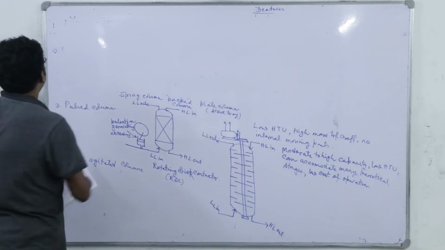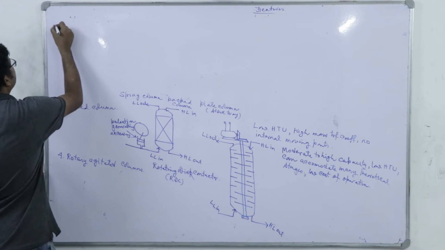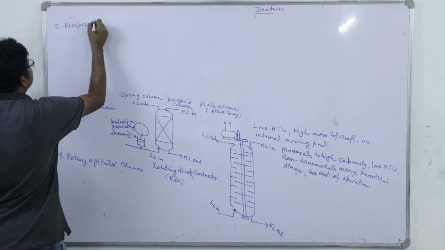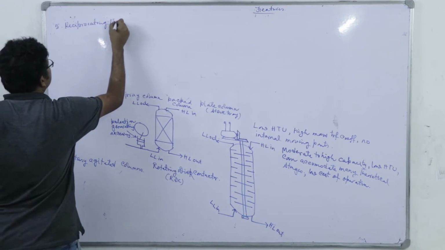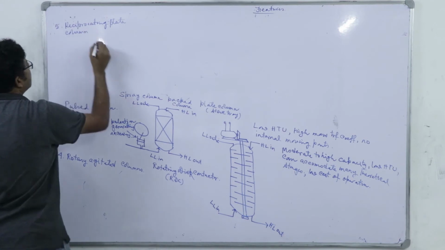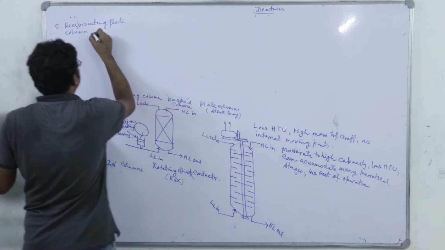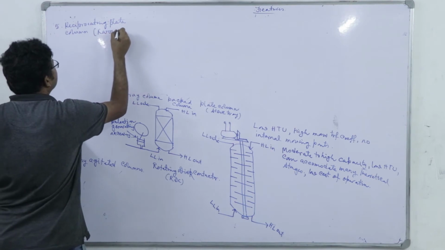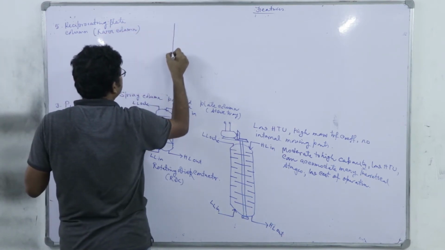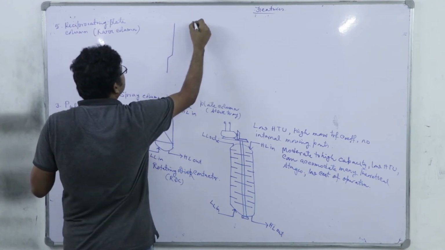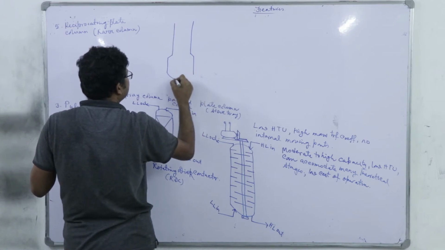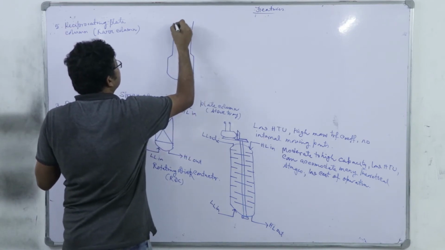We have 5, reciprocating plate column. So, this is known as Karr column. It looks like there is an enlargement, I think, such that as we are increasing the volume.